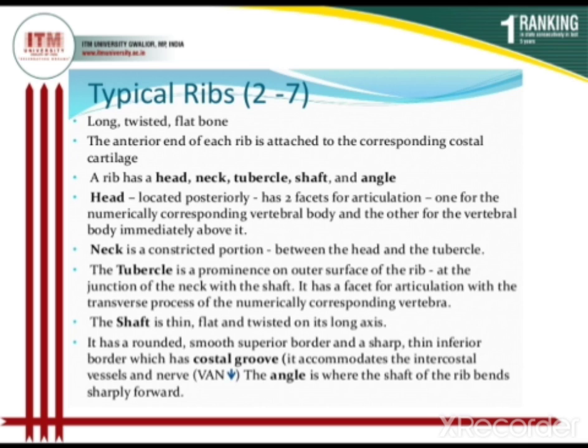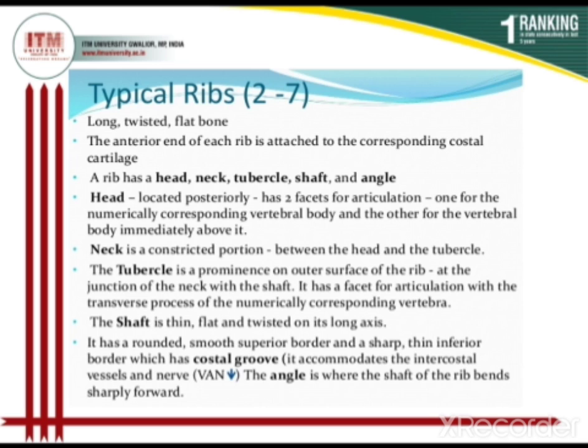The head, located posteriorly, has two facets of articulation, one for the numerically corresponding vertebral body and the other for the vertebral body immediately above it. The neck is the constricted portion between the head and the tubercle. The tubercle is a prominence on the outer surface of the rib at the junction of the neck with the shaft. It has a facet for articulation with the transverse process of the numerically corresponding vertebra.